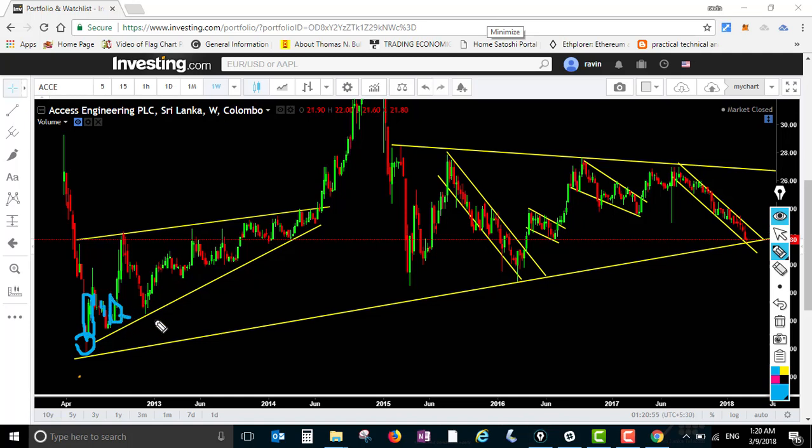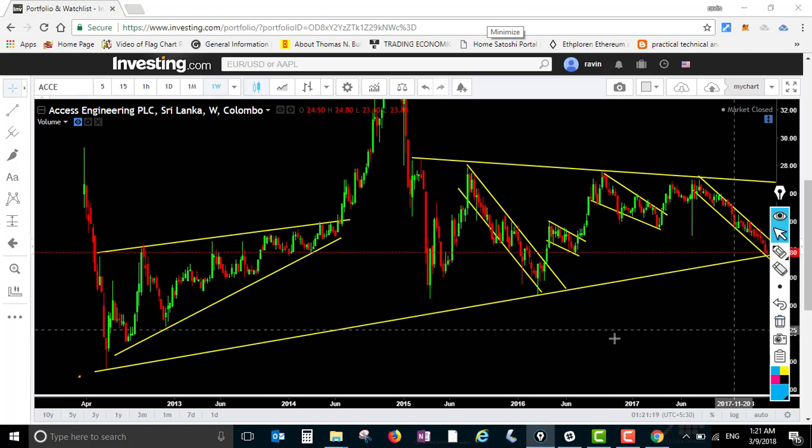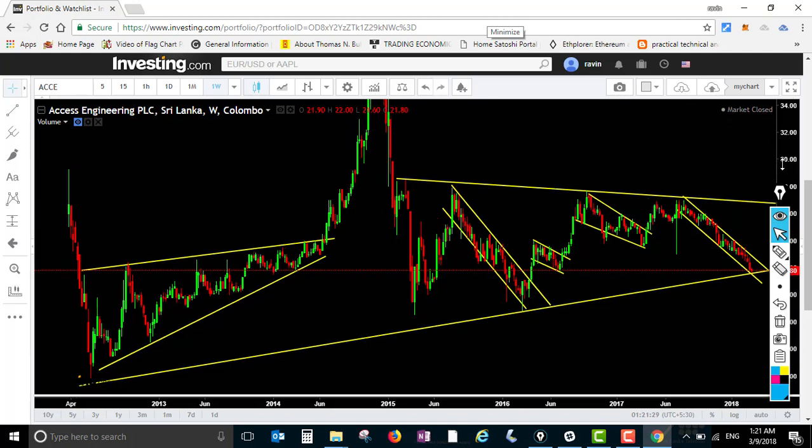For example, here compared to these candles, this candle is somewhat abnormal, this candle somewhat abnormal, right? This candle somewhat abnormal. So by looking at those candles and price behaviors in candlestick patterns on those areas, you can enter the trade. That is the first step.